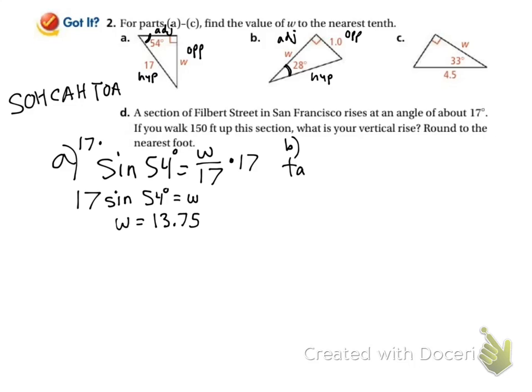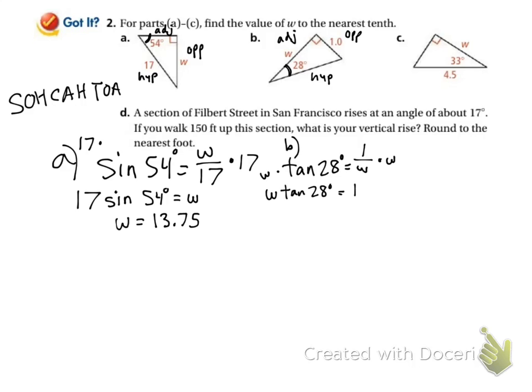So the tangent of 28 degrees is equal to, and tangent is opposite over adjacent. So we get 1 over W. I don't know why they wrote 1.0, but we're just going to go with 1. So I get confused about switching things here. So my trick is I just multiply both sides by W. So I get W tangent of 28 degrees equals 1.